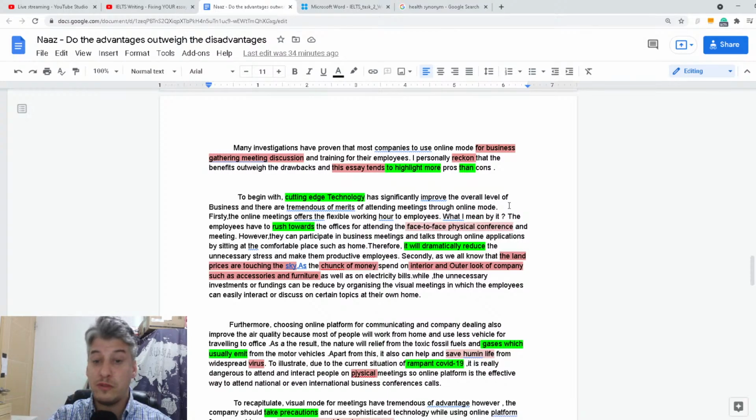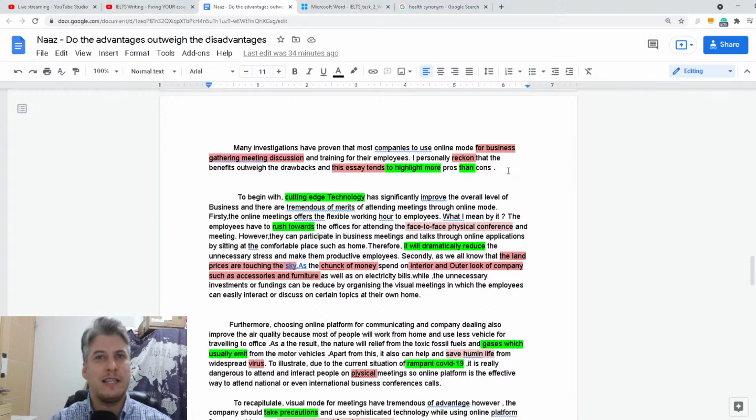So let's move on to the thesis. So I personally reckon that grammatically this is fine, but it's not the right register. Register means choosing either formal or informal language, and I reckon it's quite informal. It's something you would say to a friend maybe down the pub.